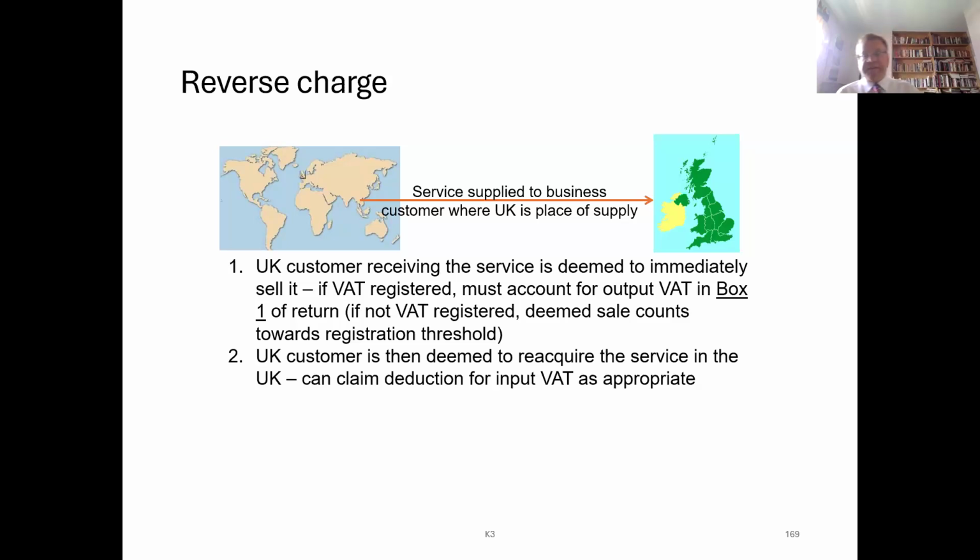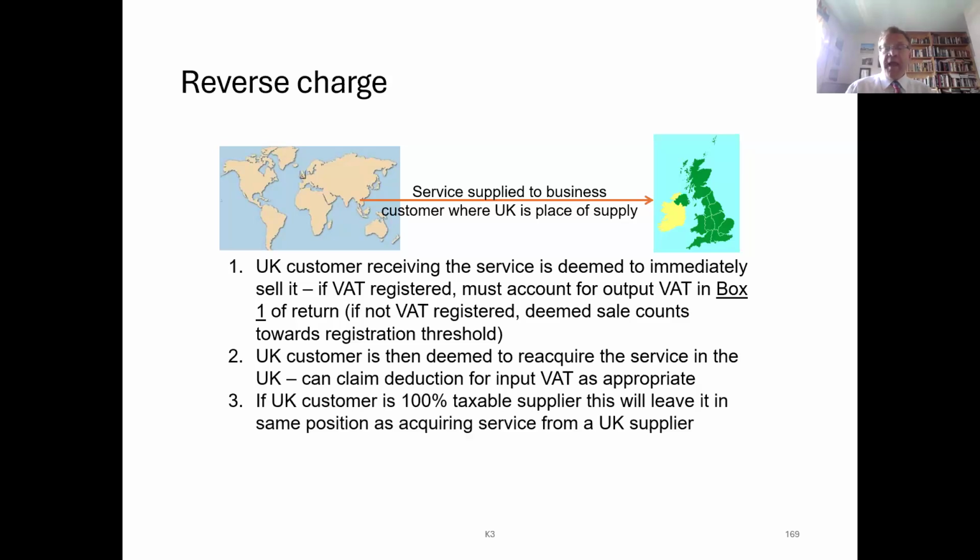The UK customer is then deemed to reacquire the service in the UK and can claim the deduction for input VAT as appropriate. If the UK customer is 100% taxable, only makes taxable supplies at 0, 5 or 20%, this will leave it in the same position as acquiring a service from a UK supplier.